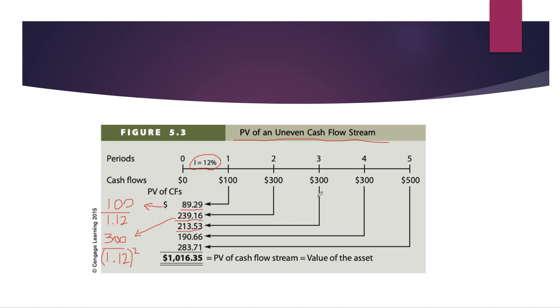As you see, the 300 that we receive at the end of the third year has a present value that is smaller than the 300 that we receive after 2 years. So the longer you wait, the smaller the present value gets for the same amount of money. And you can add all these together to calculate the total present value of this cash flow stream, basically.